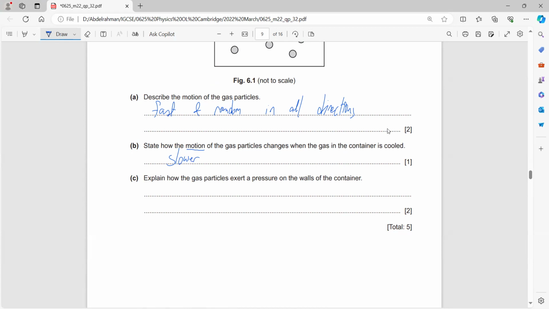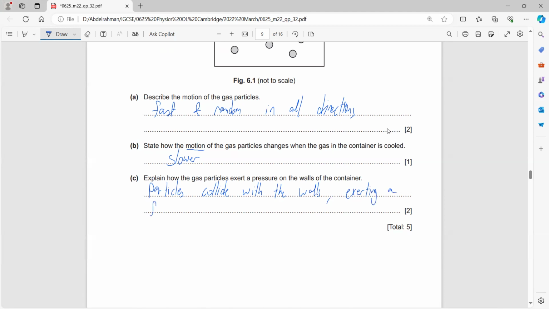How do the gas particles exert pressure on the walls? By collisions. But when you say collisions, you have to say collisions with the walls. Gas particles collide with the walls, exerting a force.